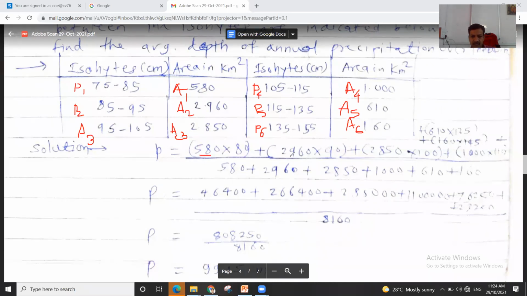A2, A3, A4, A5, A6, and the P1, P2, P3, P4, P5, P6. त्यामुळे हे सगळे मल्टिप्लाय करा. P1A1 plus P2A2 plus P3A3 plus P4A4 plus P5A5 plus P6A6. हे सहा व्हॅल्यूज आहेत, 6 आयसोएट.